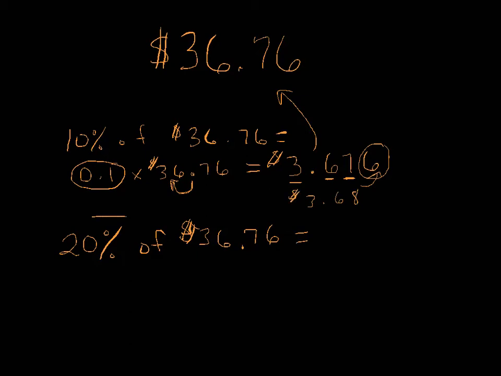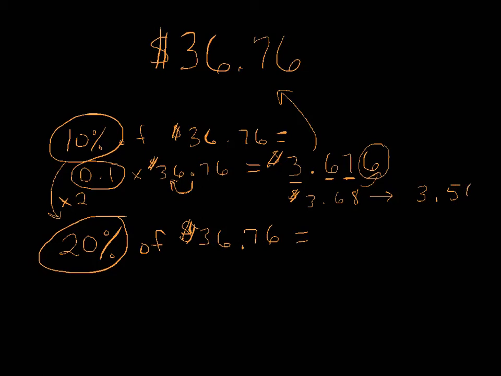Now, in order to get to 20%, there's one thing we notice about 10 and 20. 10 times 2 equals 20, or just double. Whatever you have, double it. So let's just, for making it very easy, let's say this is $3.50.